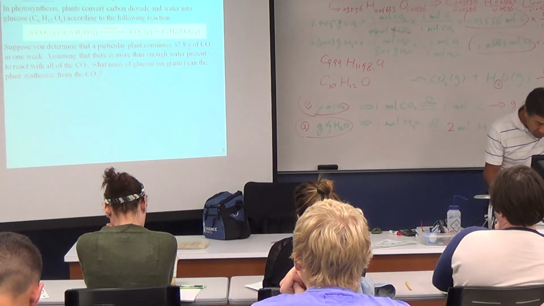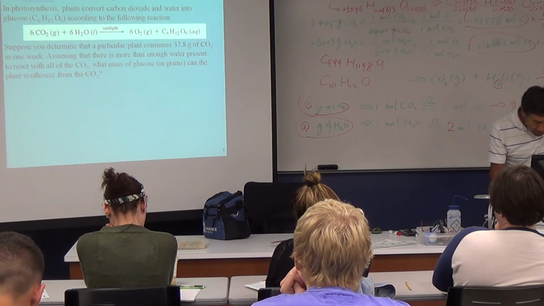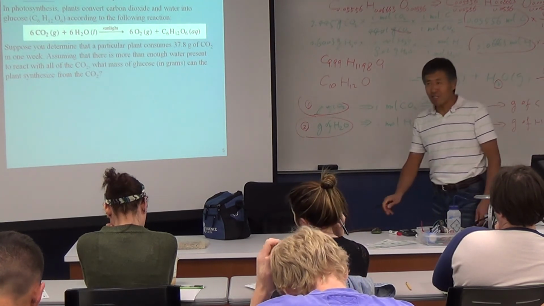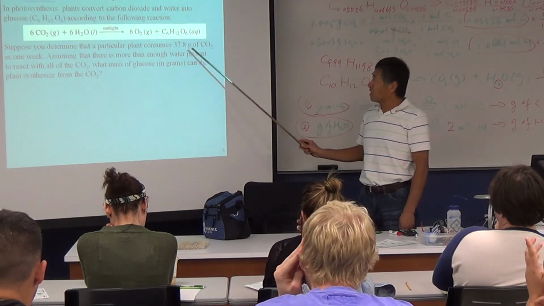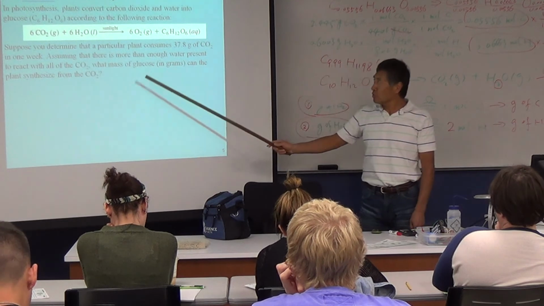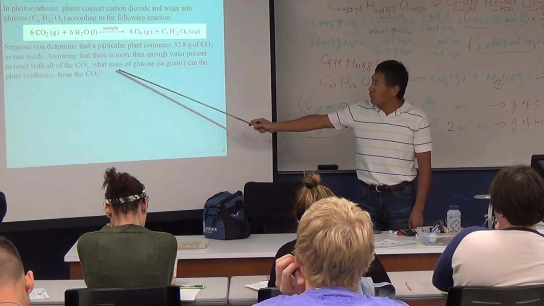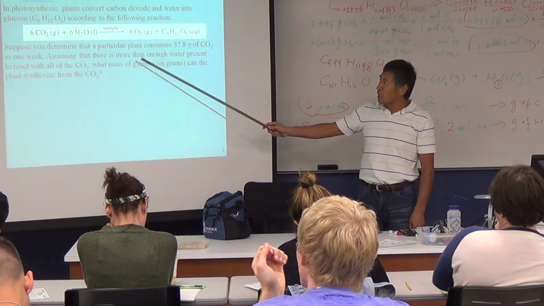we'll be starting from this example. You have this chemical reaction equation, balanced, and it tells you some plant is consuming this amount of grams of CO2, which is a reactant, then asks how many grams, or mass, of glucose you can produce.